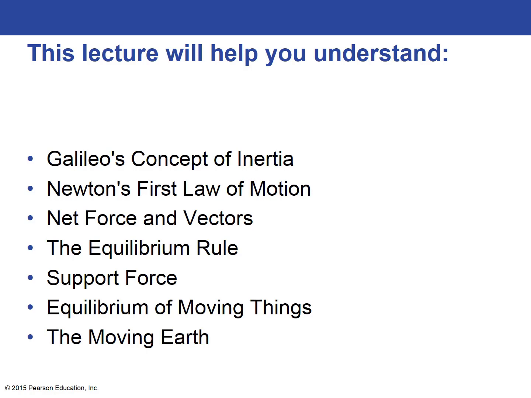As you can see on the list from the slide, we are going to talk about Galileo's concept of inertia, Newton's first law, net force and vectors, the equilibrium rule, which has to do with the concept of stationary objects being held in their place by opposing forces, for example. We'll talk about support force, the equilibrium of moving things, and finally, the moving Earth.